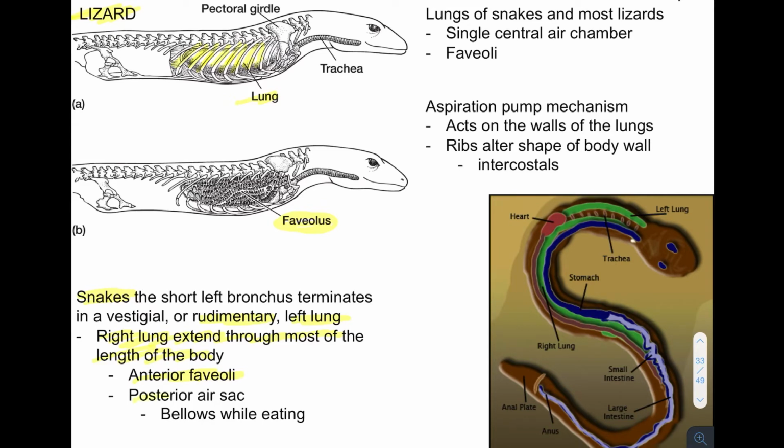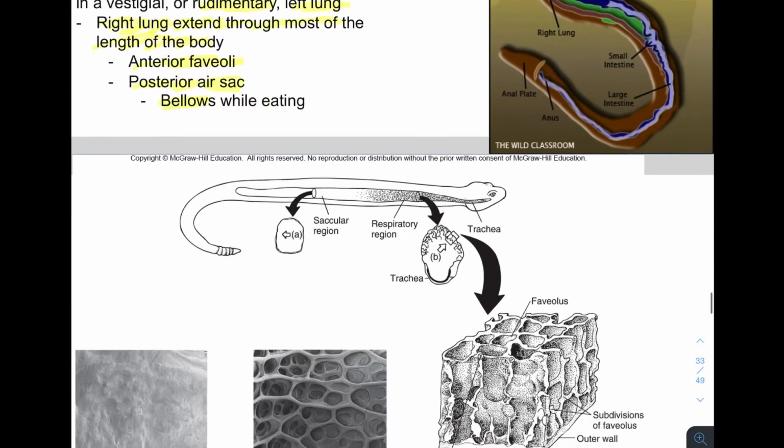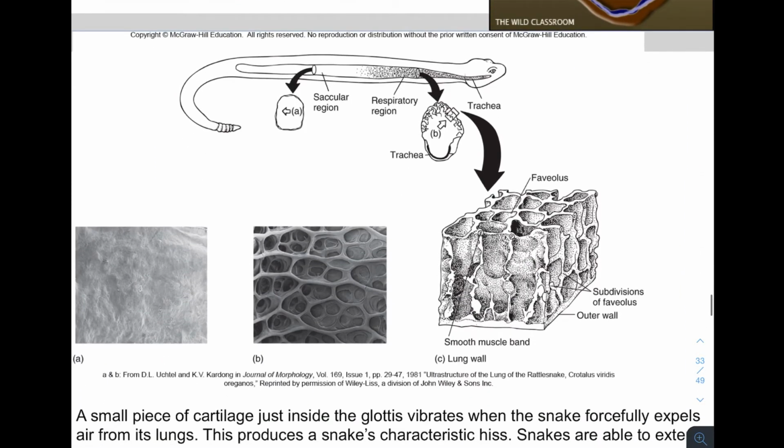The posterior part of the lung, known as an air sac, will work as a bellows while the snake is eating. So let's think about it this way.